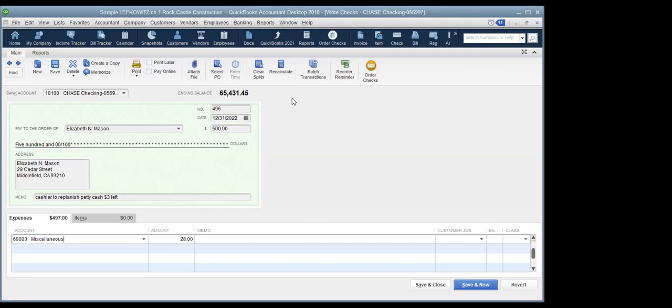Let's recalculate again. 497. Now, what's the reason it's 497? Because we have $3 still in the box. So $3 plus 497 that I just have expenses with receipts, of course, equals the 500. We replenish the box. So now the balance sheet could say 500.